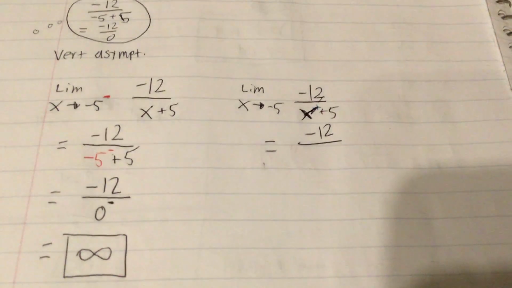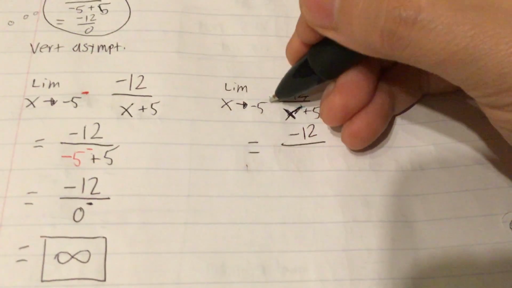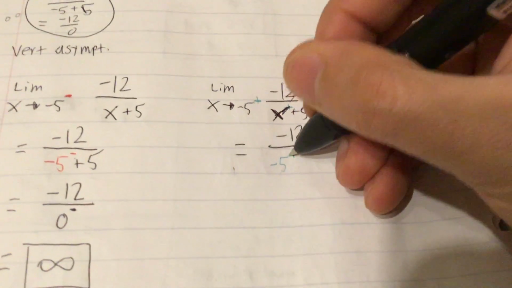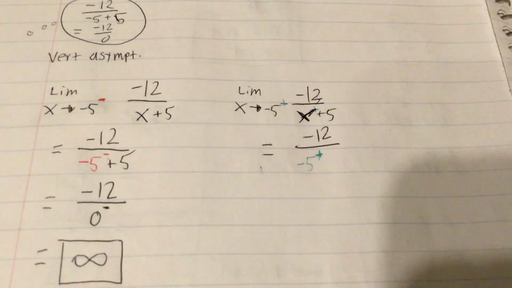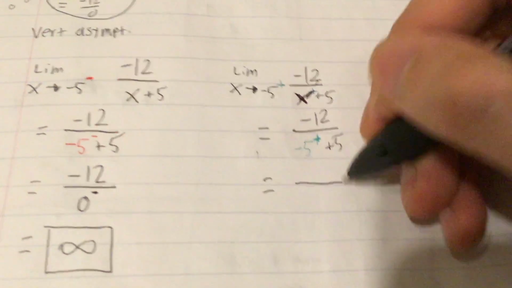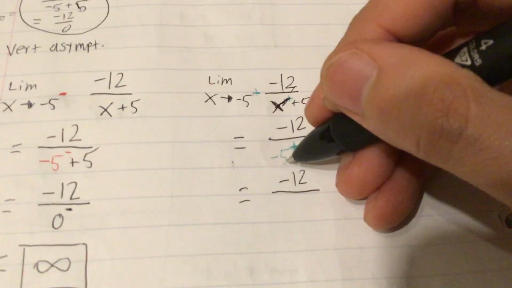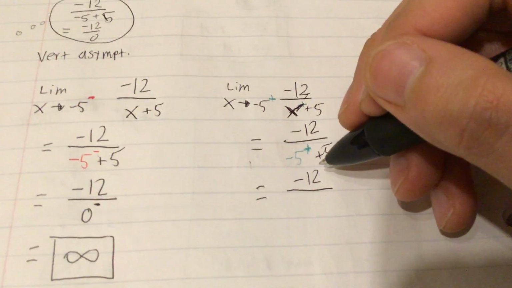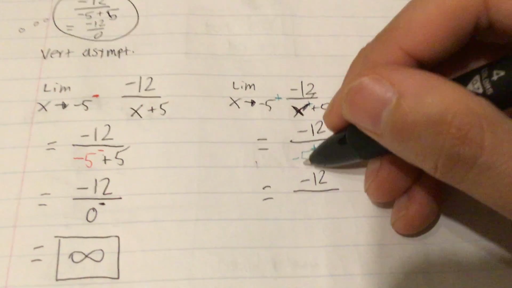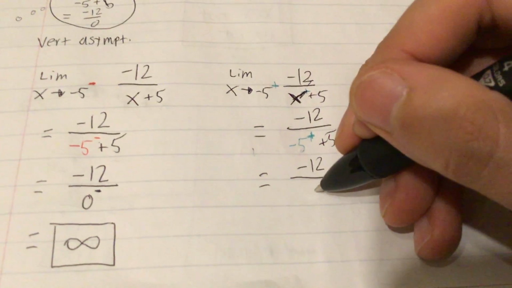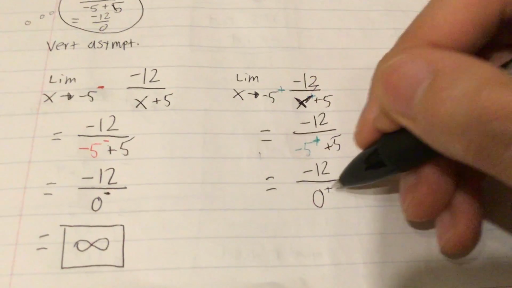Nothing a big old x wouldn't solve. But yeah, I'm going to plug it in right there. So -5 from the right side of x plus 5. So if I plug in just barely bigger than -5, let's go with -4.999999. -4.999999 plus 5 is going to be barely positive, so 0.001.